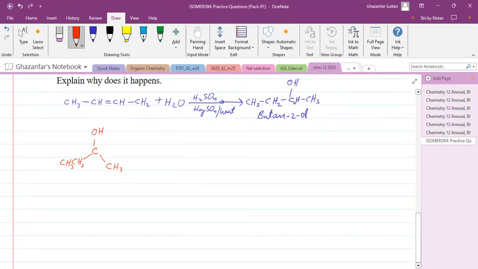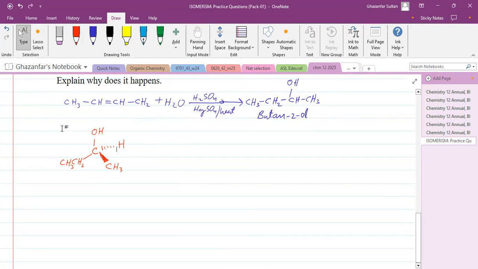So one group is this, one is hydrogen, one is OH, one is ethyl. So hydrogen can be drawn here. And remember that whenever we draw optical isomers, then there should be hash and wedge structure. So this is the wedge, and this is the hash structure, hash and wedge.